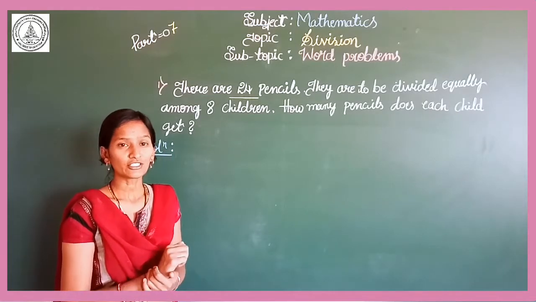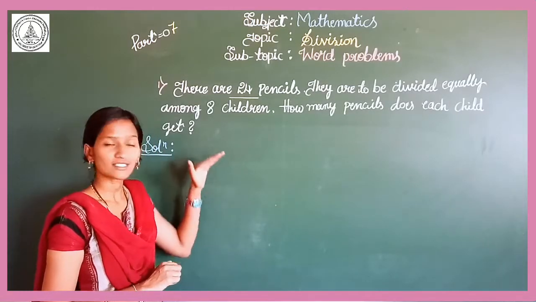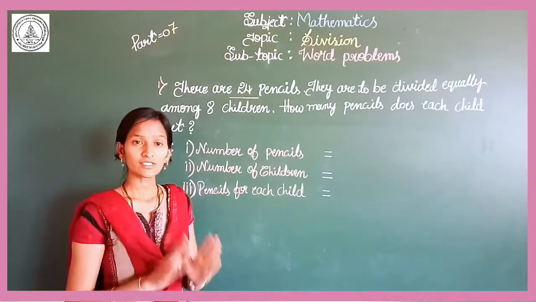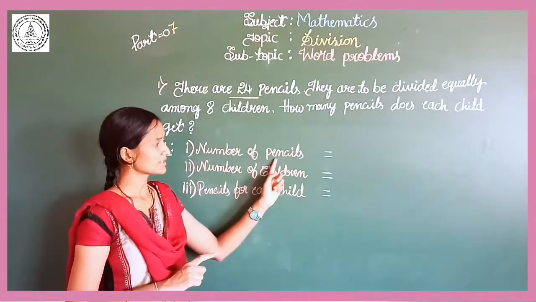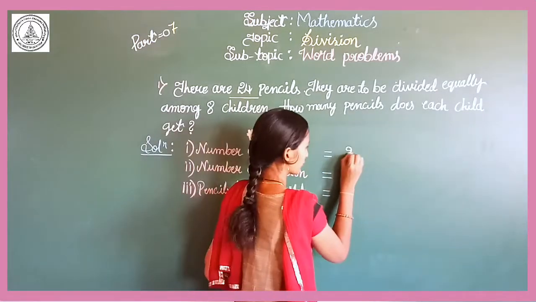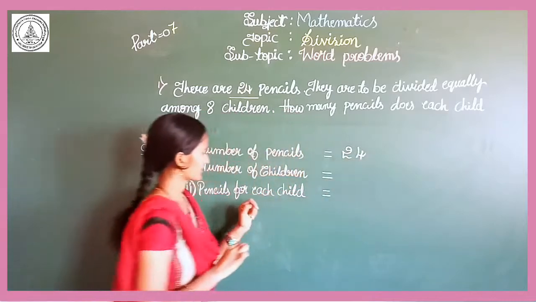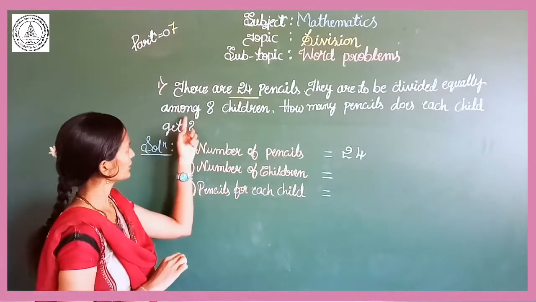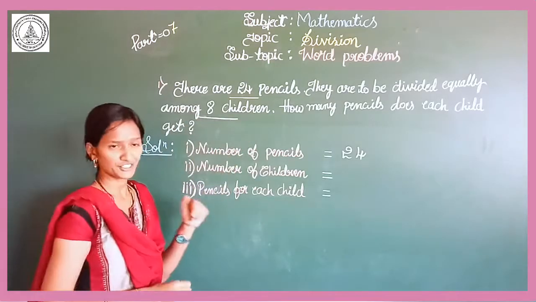Right? So here we have to solve this problem step by step. What is our first statement? Students, the first statement is the number of pencils. How many are there? 24. So write down here 24. The second one is the number of children. How many are there? Here the total is 8 children.